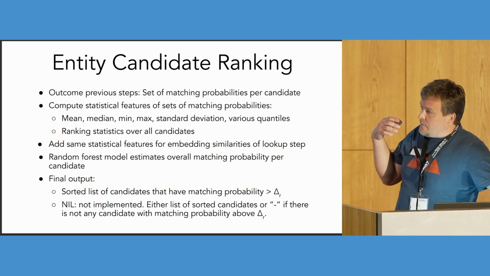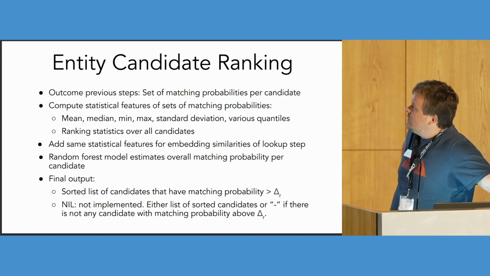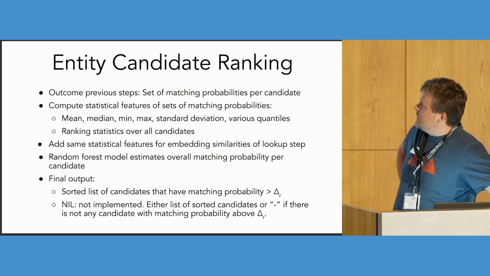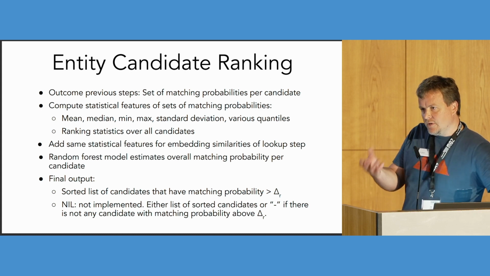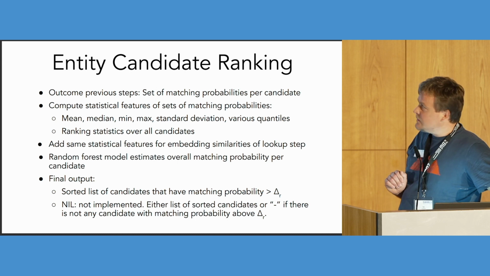And finally, the third and last step of entity linking in our case is the entity candidate ranking. What we do then is we have for each candidate a list of matching probabilities from these pairwise sentence comparisons.